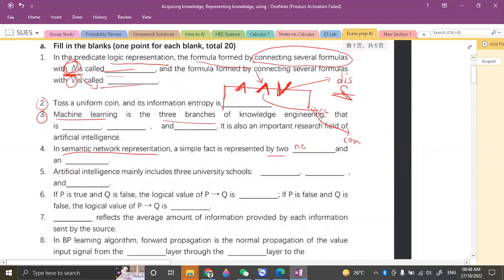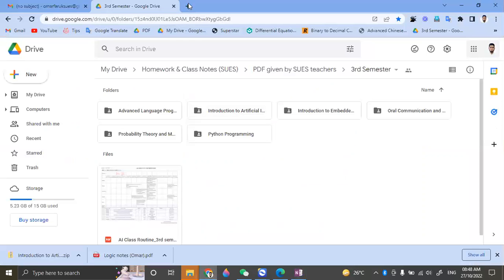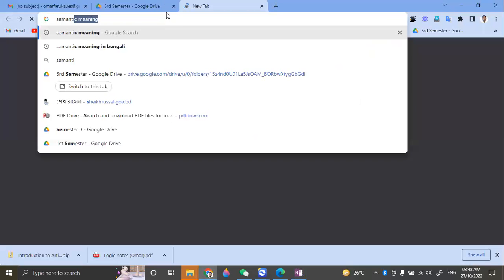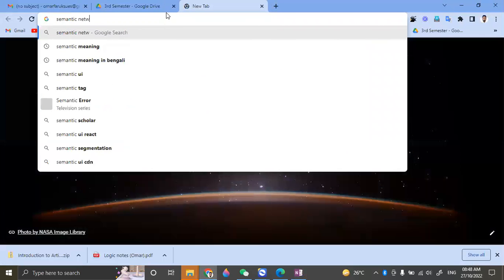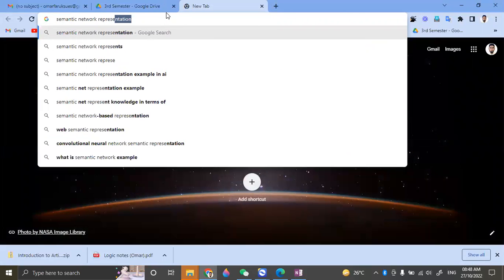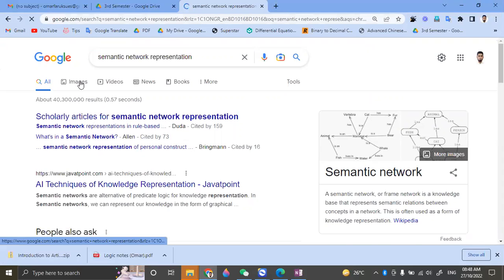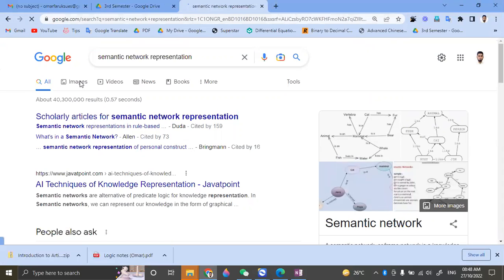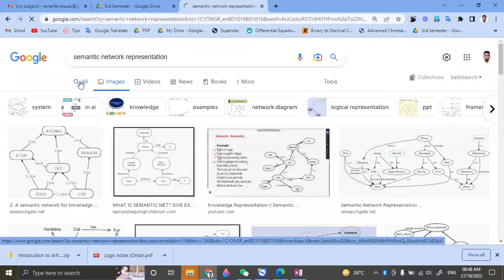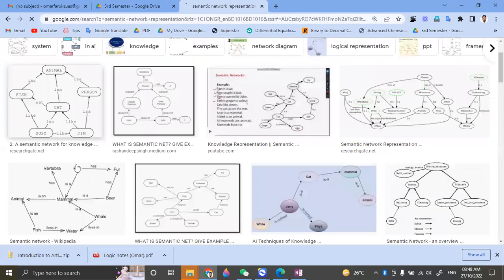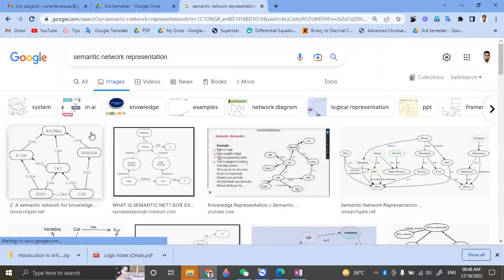If I search on Google, semantic network representation: animal, person. Two nodes.